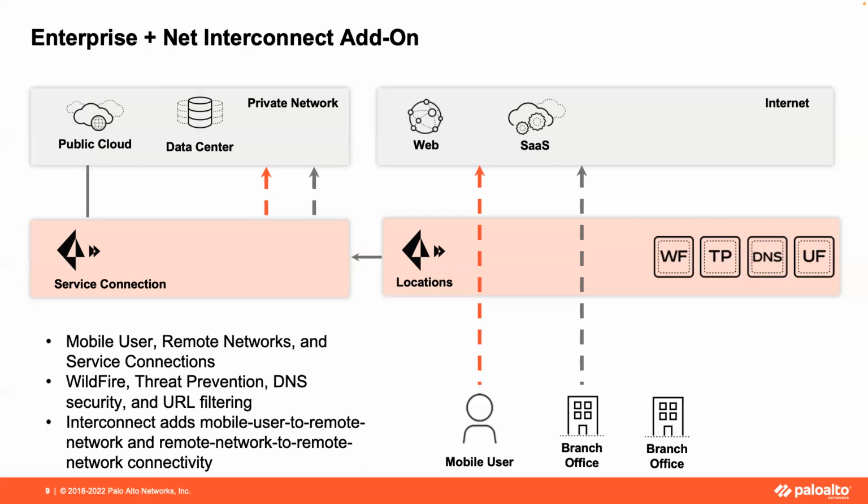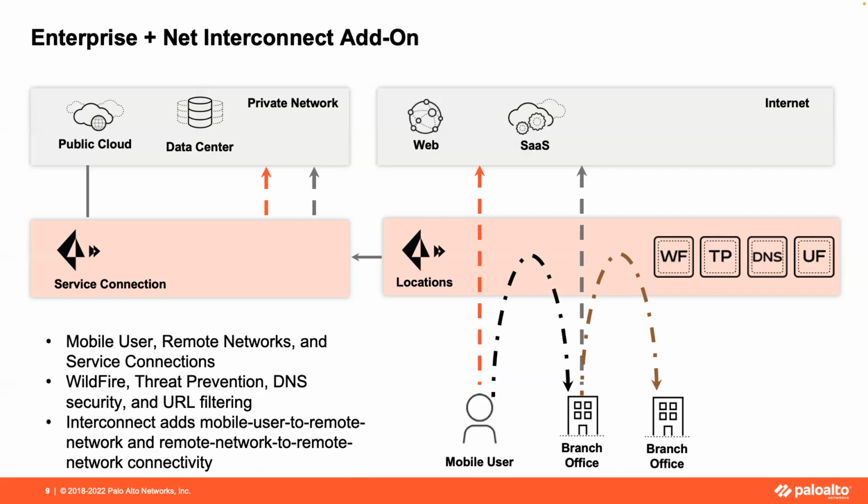One more additional licensing feature that is really important when it comes to interconnectivity between branch offices or remote networks and users and all of the above is the Interconnect add-on licensing, which means as a mobile user, I can connect directly to a user in a branch office without having to go out to the internet and back in.